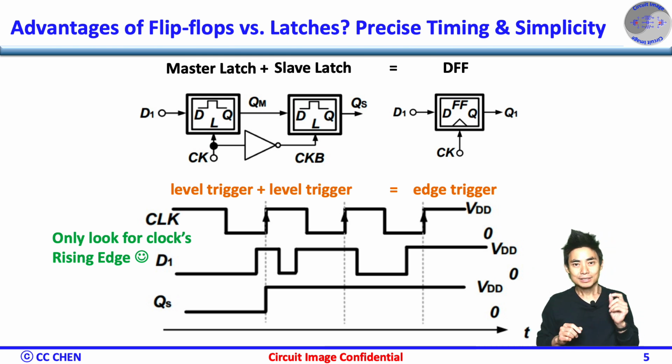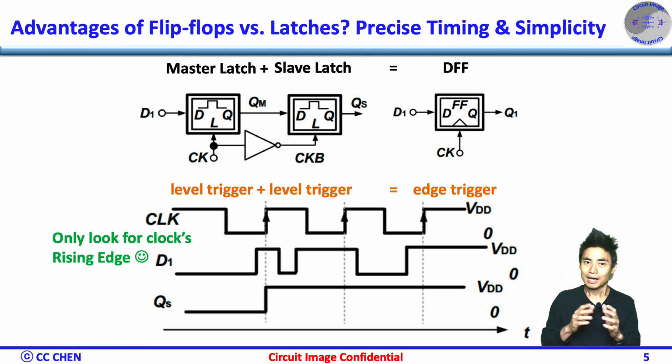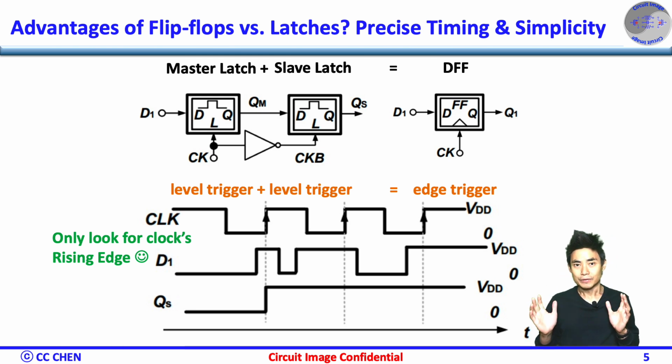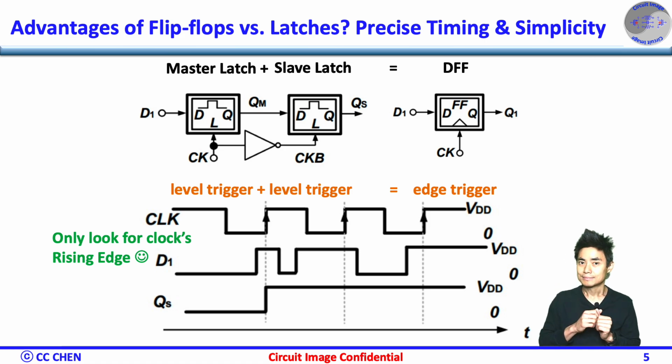Third, the D flip-flop is easier to design and analyze compared to latches owing to edge triggers, since we can only focus on the specific clock edge to reduce the effort of the verification and testing of digital designs.